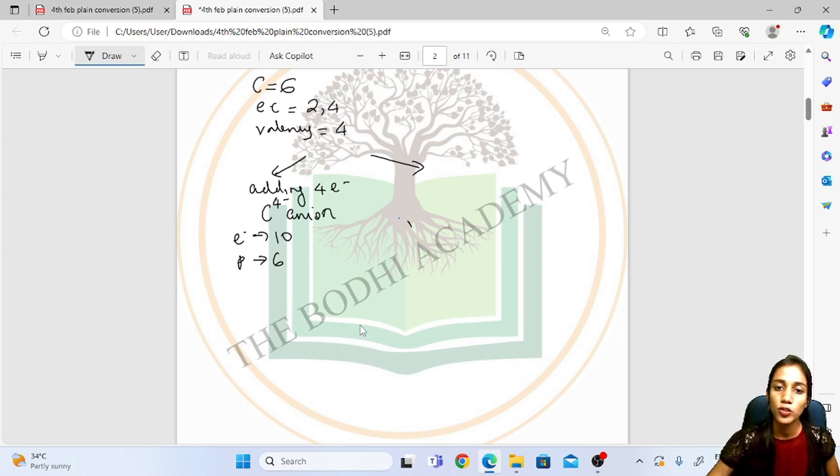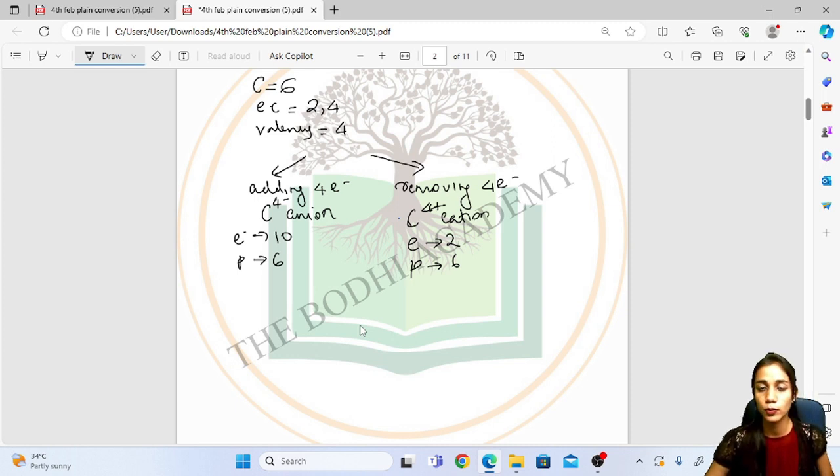So the second option is removing 4 electrons. Removing 4 electrons will convert the carbon into a C4 plus cation, which gains a 4 plus charge. When you remove the 4 electrons, the number of electrons left in the atom will be just 2, and the nucleus is carrying 6 protons.